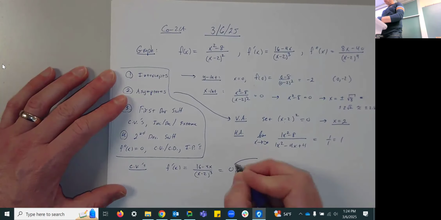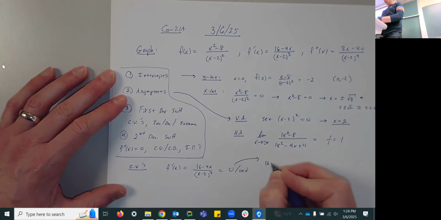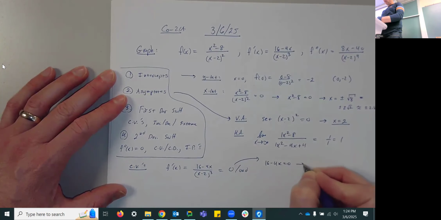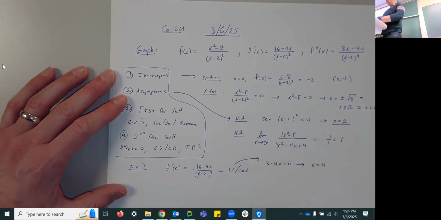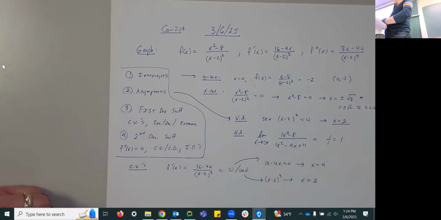So to get the zeros, we're going to set 16 minus 4x equal to 0, which is going to give us x equal to 4. To find where it's undefined, we're going to set the bottom equal to 0, which is going to give us, not surprisingly, x equal to 2.